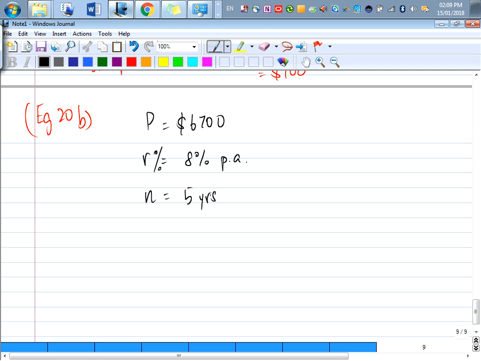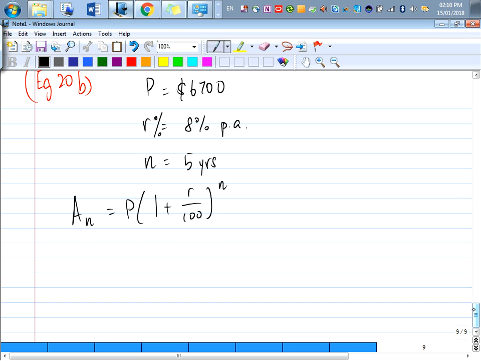Okay, with all this information, can you find out what is the answer for part B? Compound interest that is compounded yearly. In this case, we need to use our formula already. AN equals P times 1 plus R over 100 to the power of N. Okay, substitute all the values in.